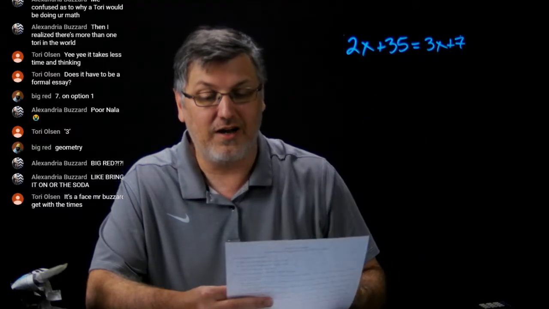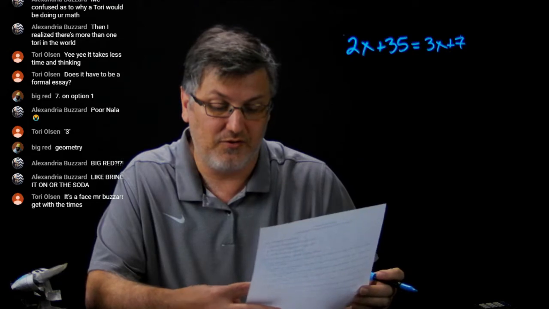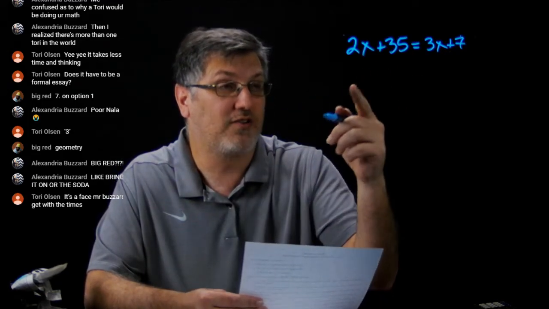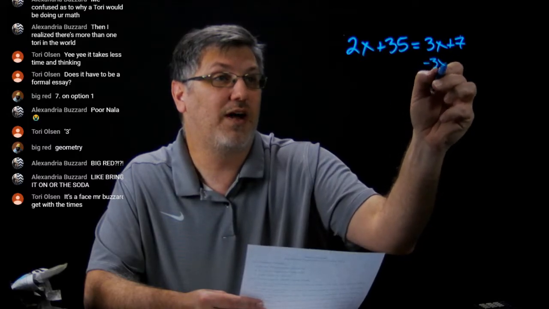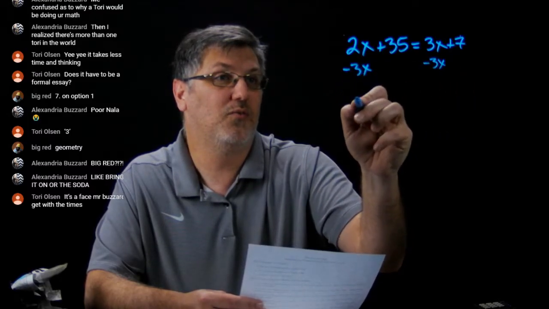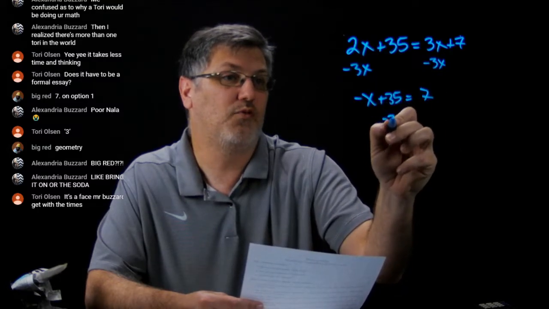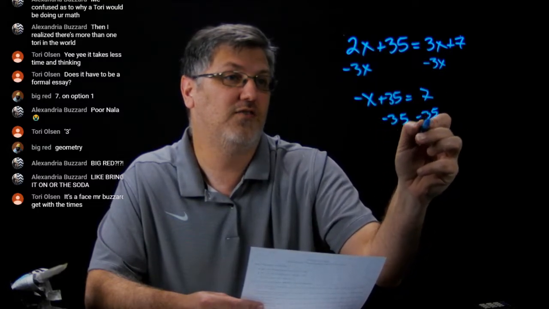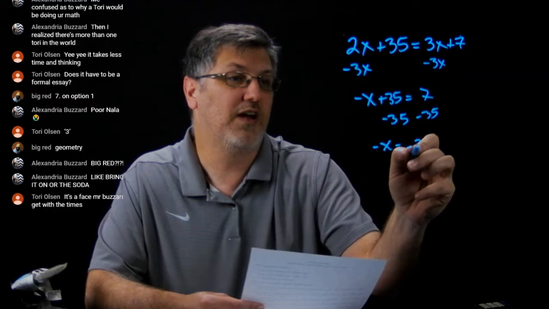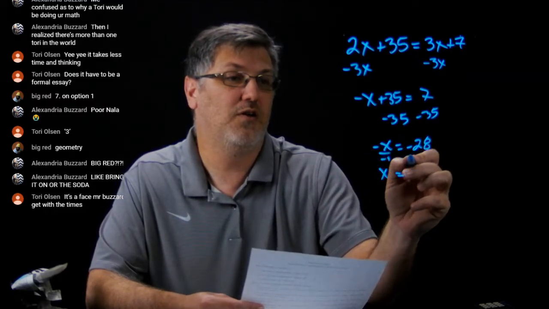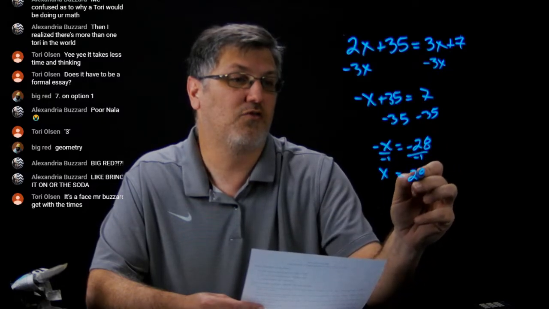I worked the entire problem for this week, 7 through 11 at the beginning of this. So I'll just go work this to show you how to find x. Subtract 3x from both sides. We've got negative x plus 35 equals 7. Subtract 35 from both sides. We got negative x equals negative 28. And then from there, divide both sides by negative 1. And you get x equals 28, and you're done.